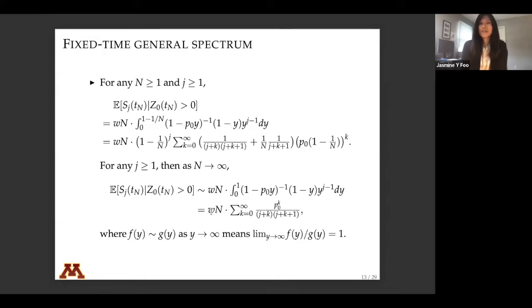But one thing that's interesting is that the two parameters W and p0 decouple in this full spectrum where we consider the total population, not just the skeleton. In particular, the mutation rate scales the spectrum linearly, but the dependence on p0 is a little bit more complex.